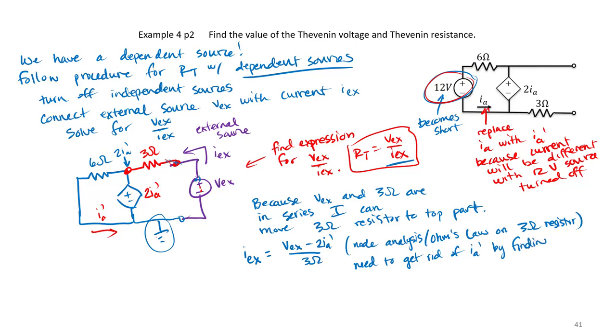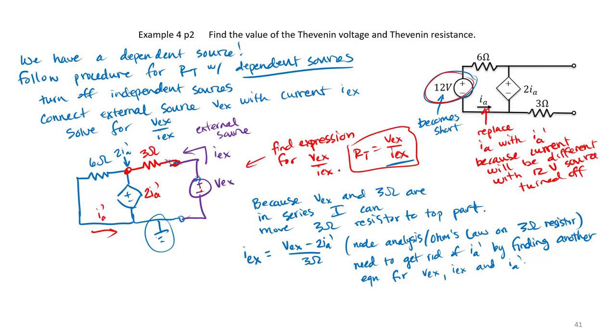I need to find another equation for VEX, IEX, and IA prime. So it might be a little tricky at this point to figure out where else I can get another equation.